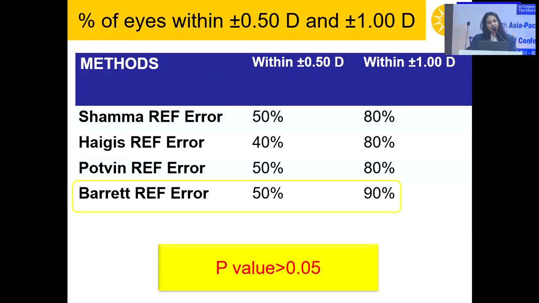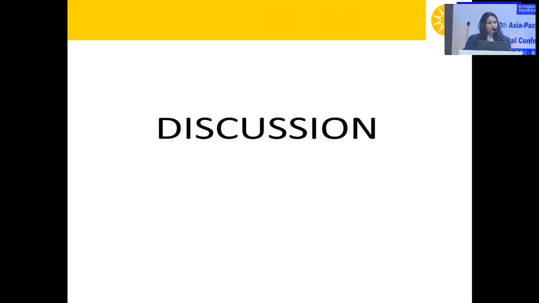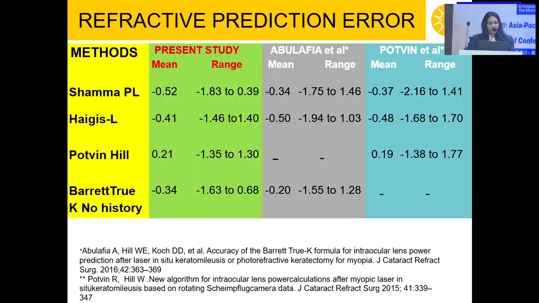All the 4 methods gave good outcomes with maximum eyes within 0.5 and 1 diopter in Barrett's. The difference was not statistically significant. There are very few studies published using no prior data formulas, so we compared our study with 2 recent studies by Abulafia and Potvin et al.